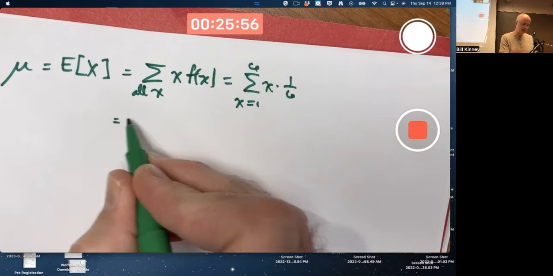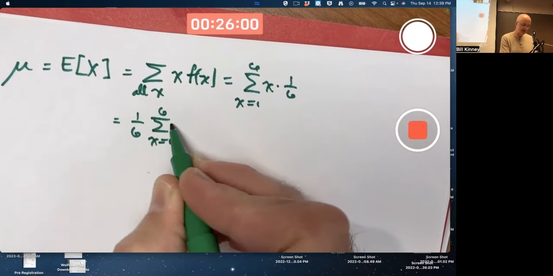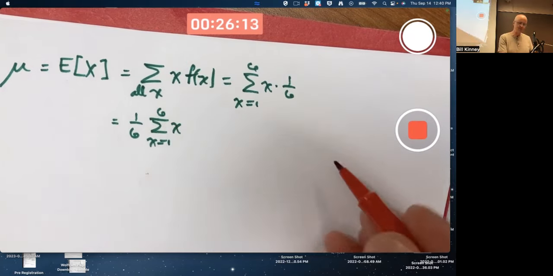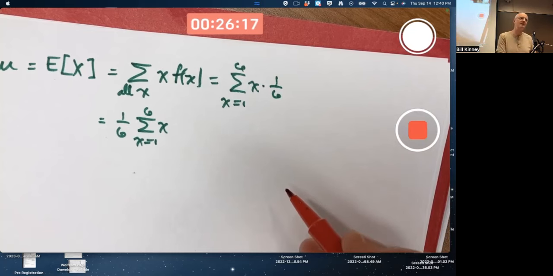You can factor out the 1/6 and write it this way. And obviously, you can certainly add up the first 6 numbers. You should maybe remember from calculus 2, or maybe discrete math, that the sum of the first n positive integers is n times n plus 1 over 2.